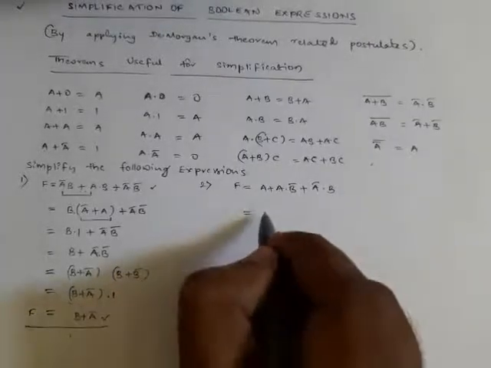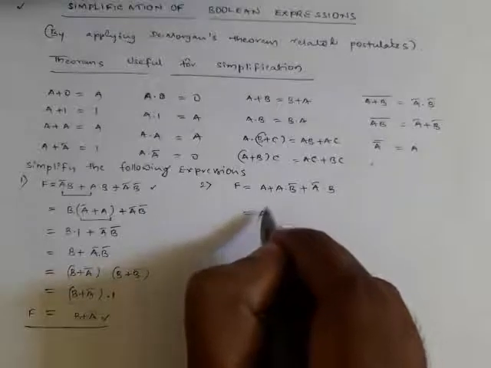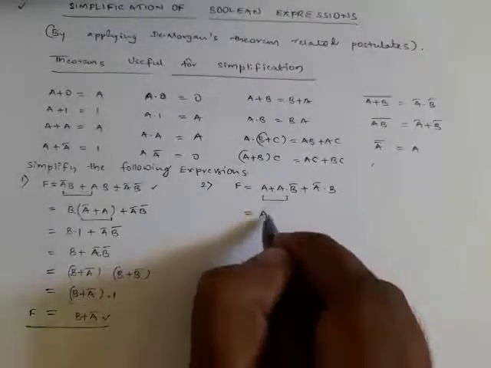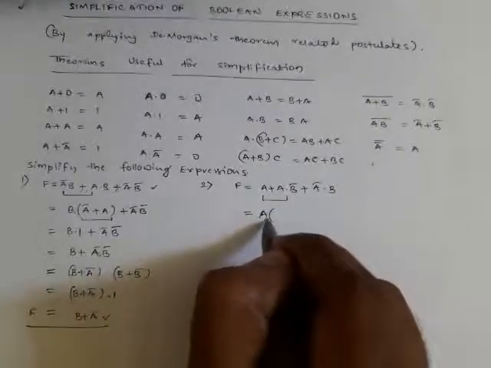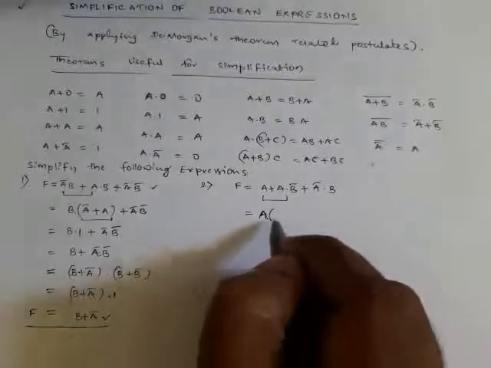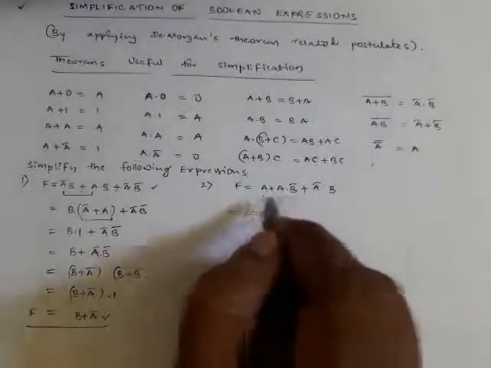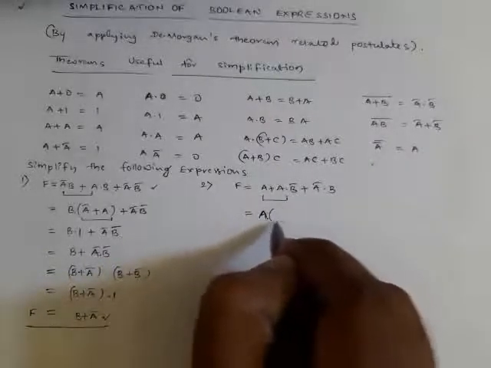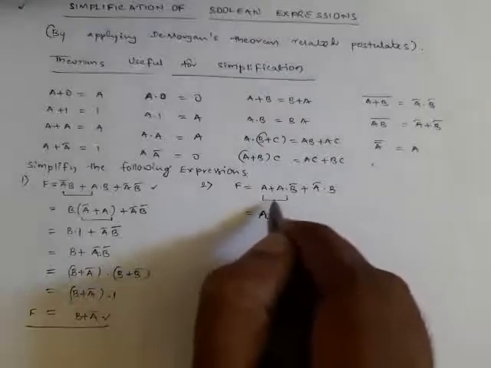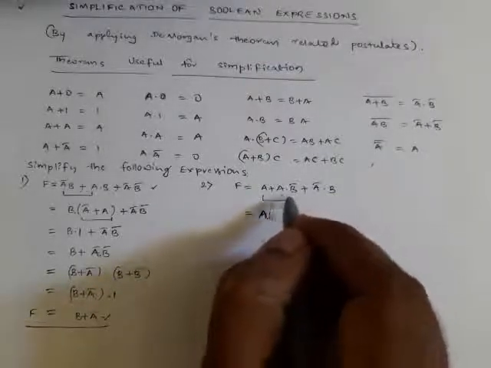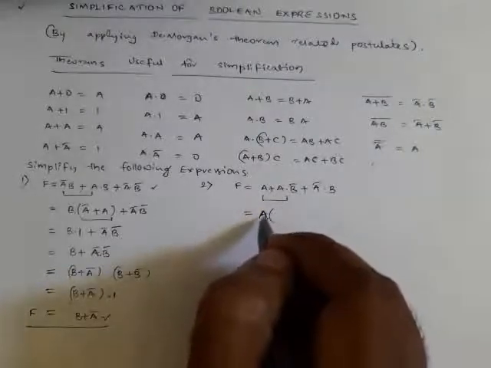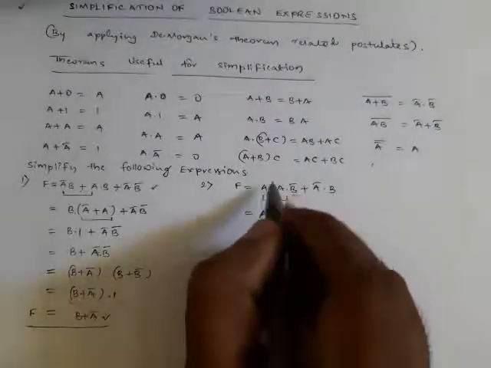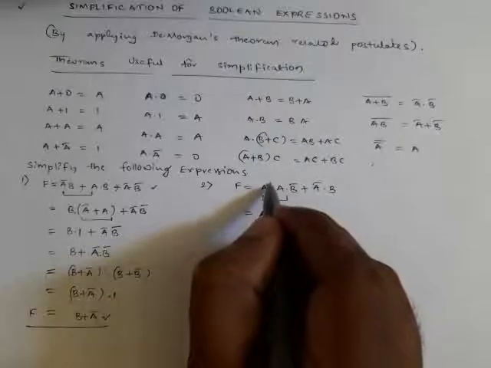So here you can see that from these two terms you can take a outside, or you can use the distributive law. Actually, in normal algebra we would say that a is taken as common, but here this is actually a distributive law. By distributive law, this can be written as a dot 1.